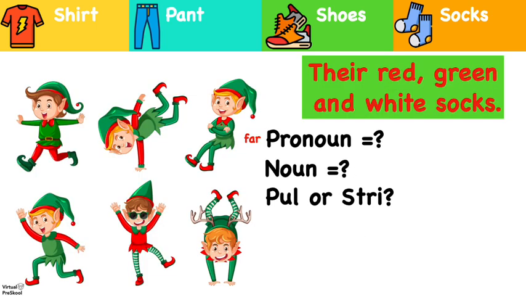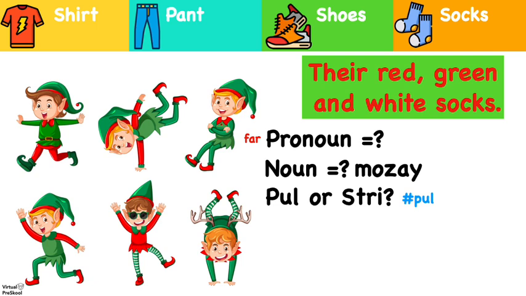Let's do their red, green, and white socks. All right, what's the noun? Socks. In Hindi, that's mozay. Is it pull or stri? Pull. Which form of the pronoun their would be correct for this sentence? And note, in tiny letters there, it says far, which means not visible.